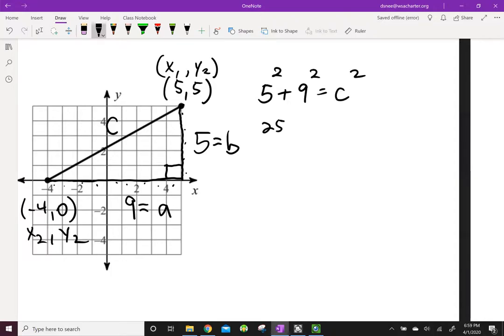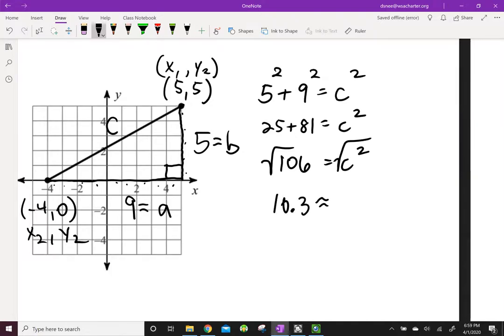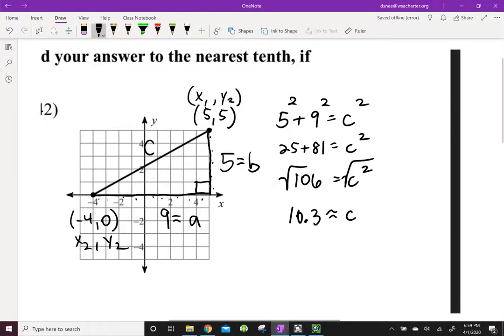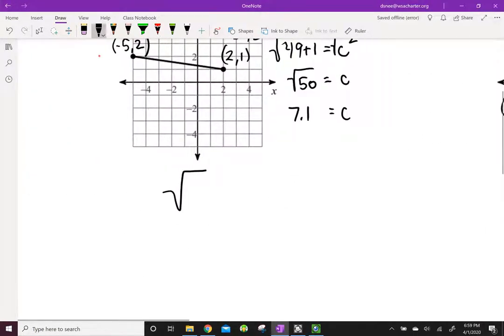So 25 plus 81 equals C squared. So 106 equals C squared. If we take the square root of both sides, the square root of 106 is 10.29, or 10.3 is approximately the value of C. Okay, that's number 42.